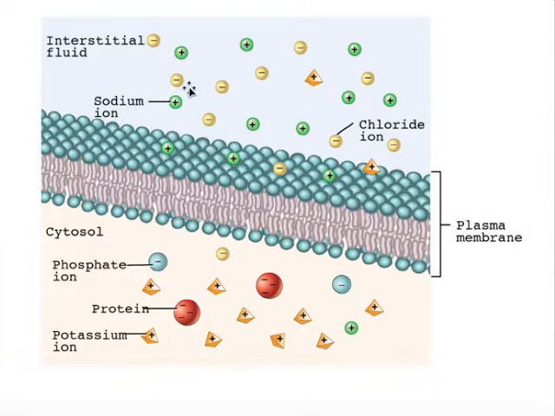So one example of the way that this could occur would be if, for example, remember that outside of the cell there's a very small number of potassium ions. There are certain conditions in which all of a sudden the potassium ions would actually be increased outside of the cell. This would be a disorder, and this would be a disaster.